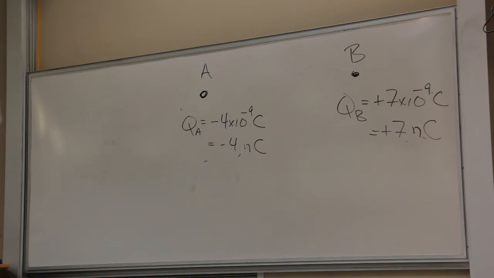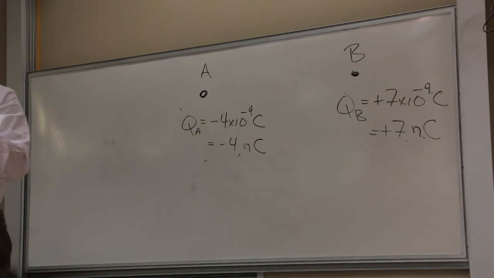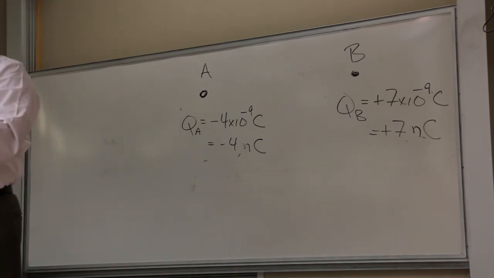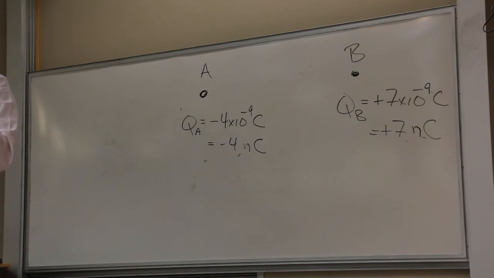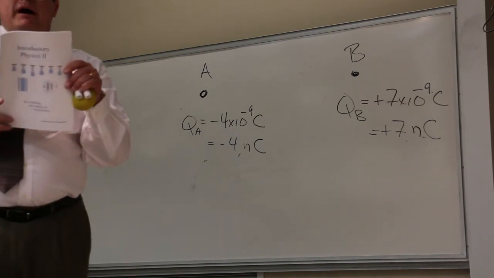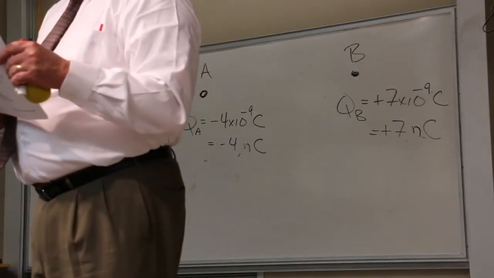Okay, listen carefully to the wording here. It's incredibly important that you be able to figure out who is Captain Kirk and who is the Klingon. Who is creating the field and who is experiencing the field. With the spheres held 0.23 meters apart, what electric field, strength and direction, is experienced by sphere A?